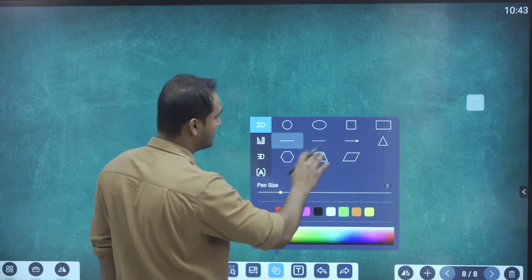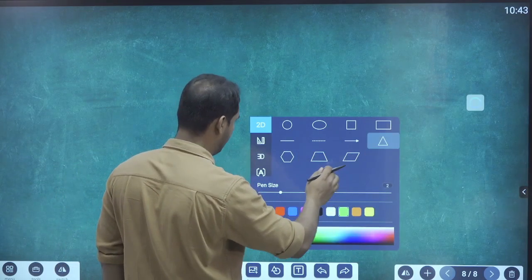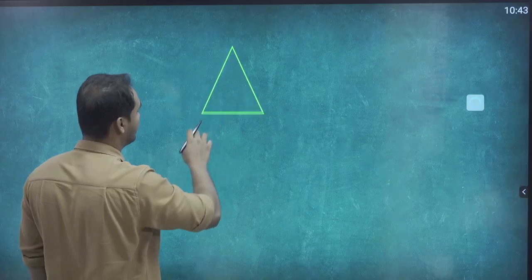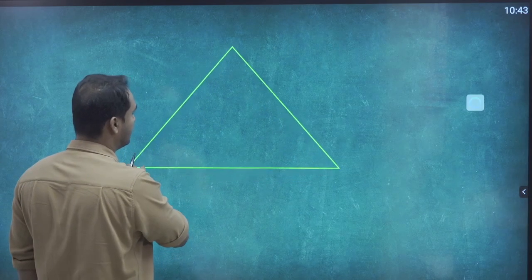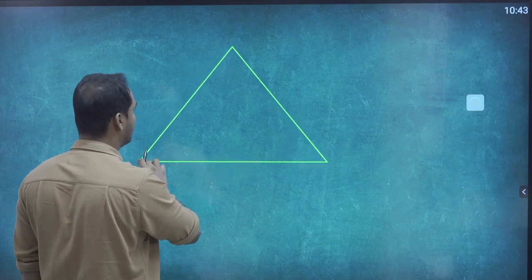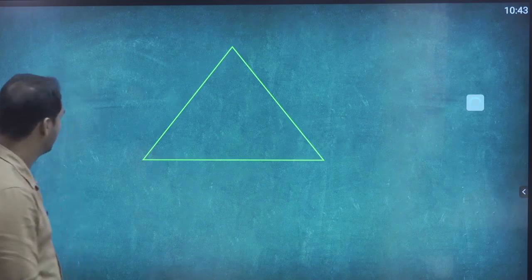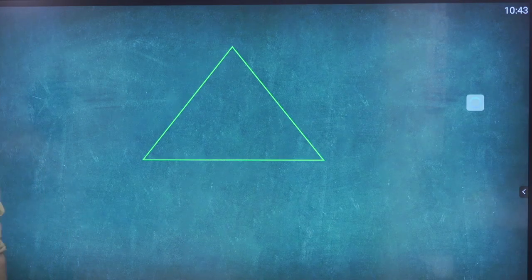Take one of the triangles. If this is the triangle, where are the values?